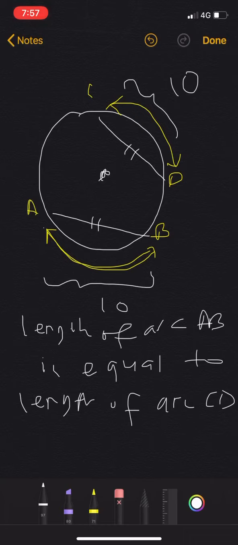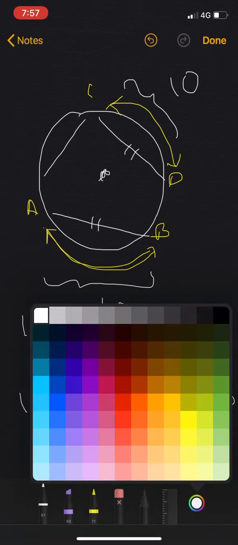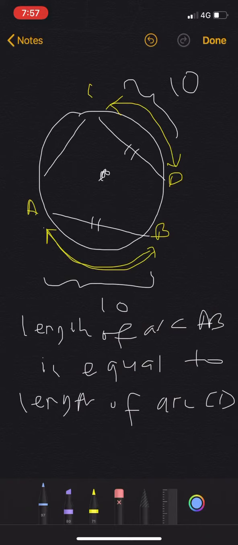What if you have another chord here, which does not equal AB's chord or CD's chord? Say I label that as FG.